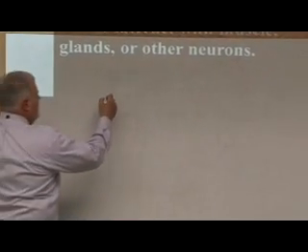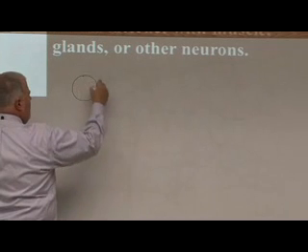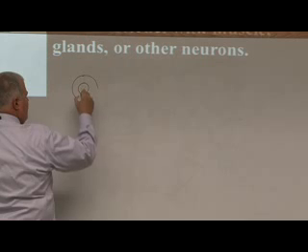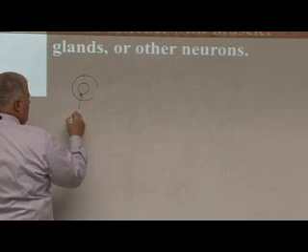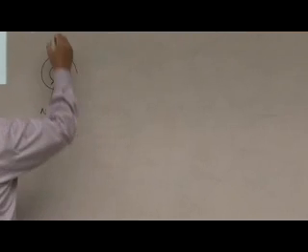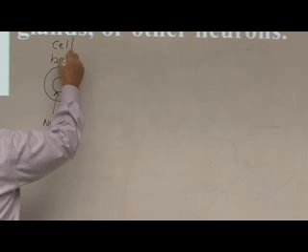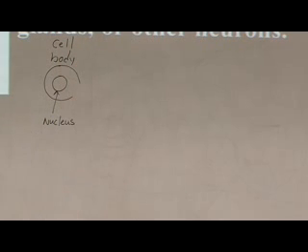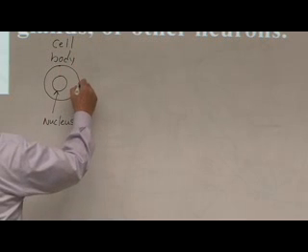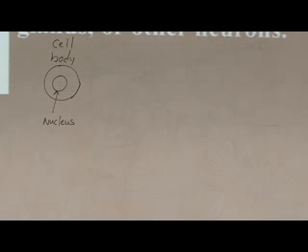So we have this entity where the nucleus of the neuron is found. It's called the cell body. So the cell body actually contains the nucleus.